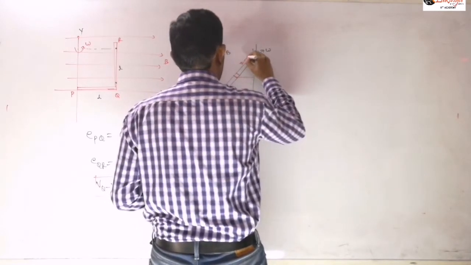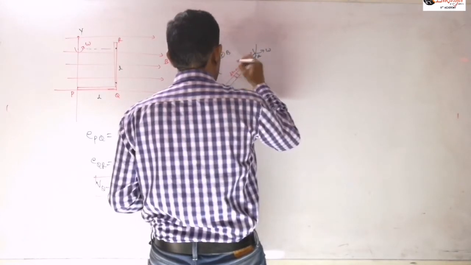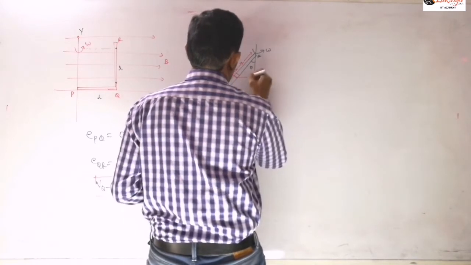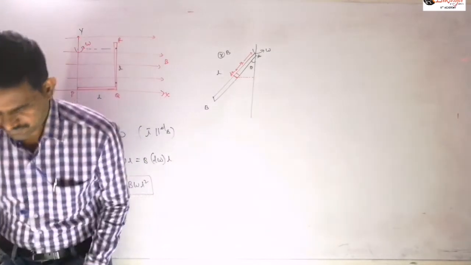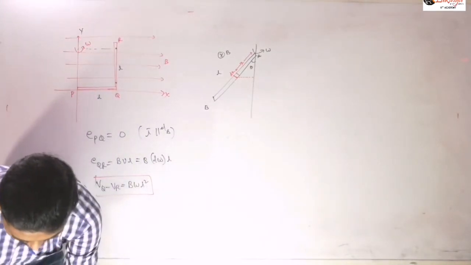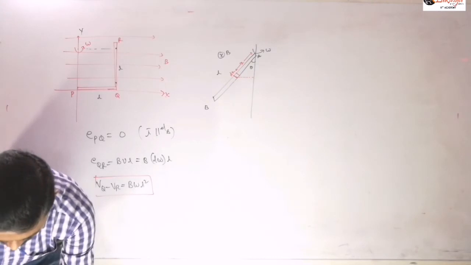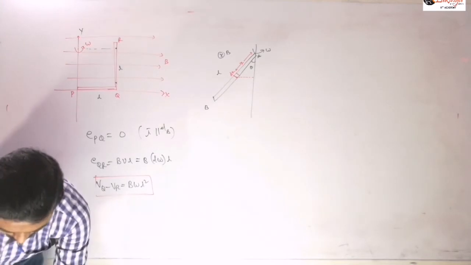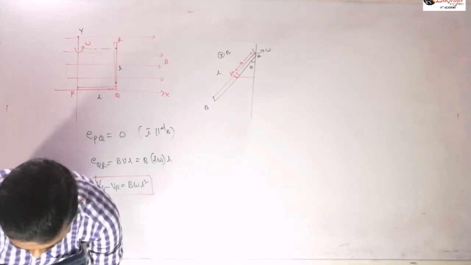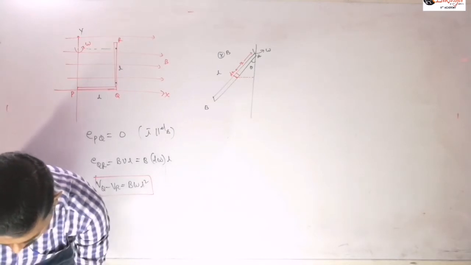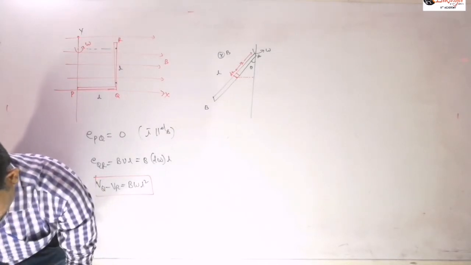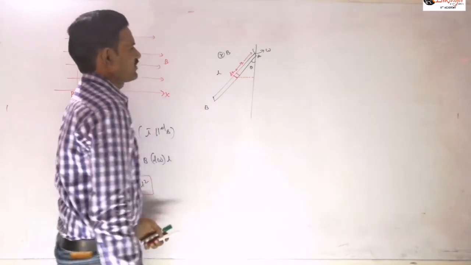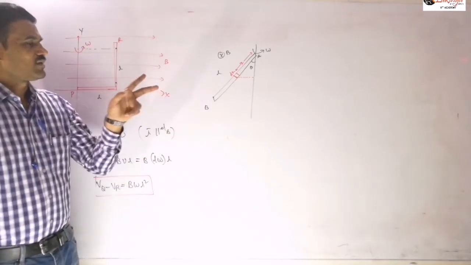Suppose this length is x, and this is dx, and the total length is L. Let us consider an element like that, right?